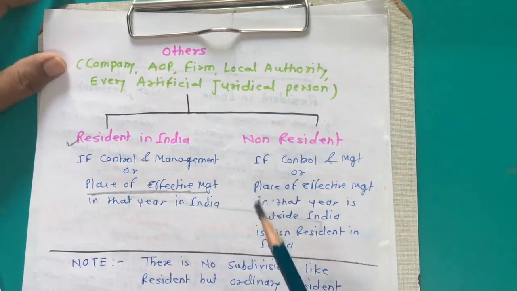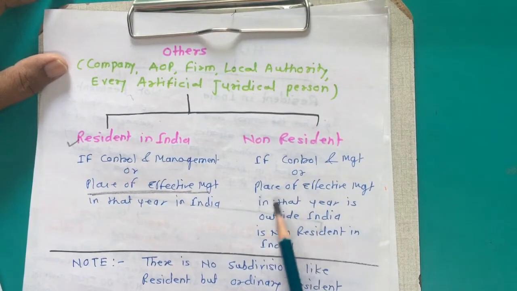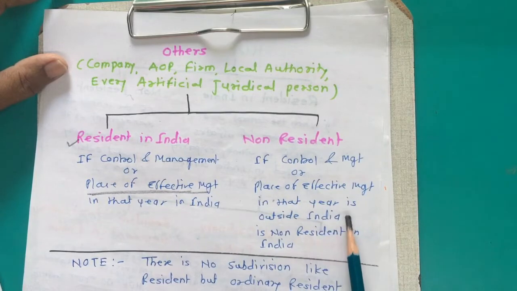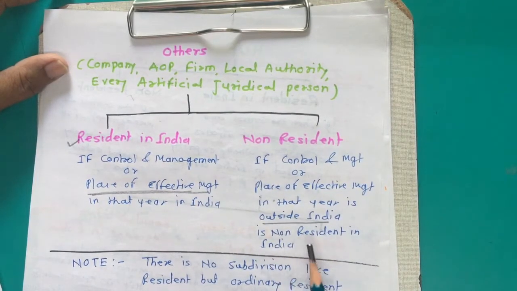And second, if control and management or place of effective management in that year is outside India, it is treated as non-resident in India.